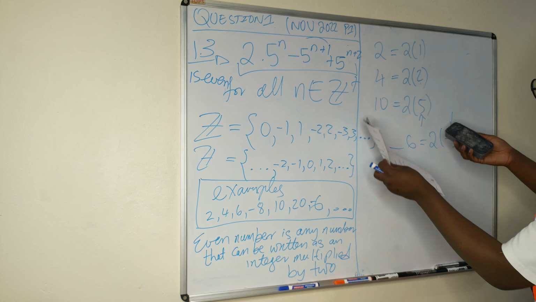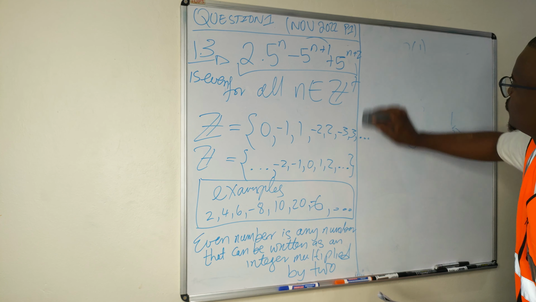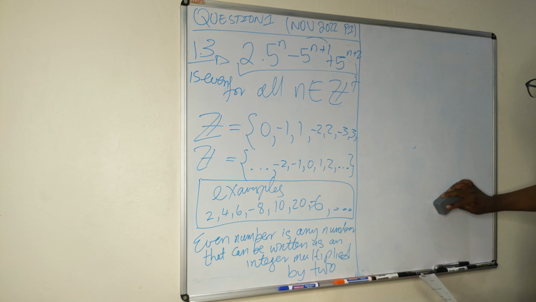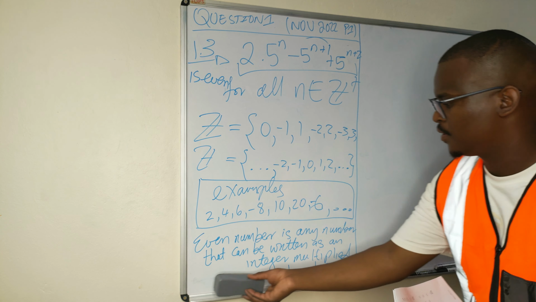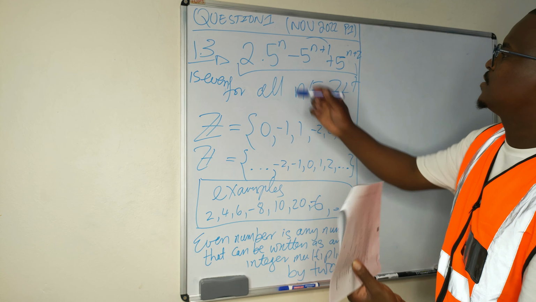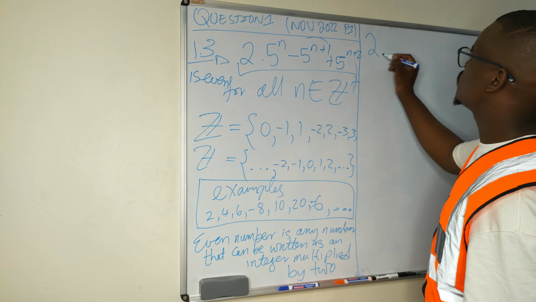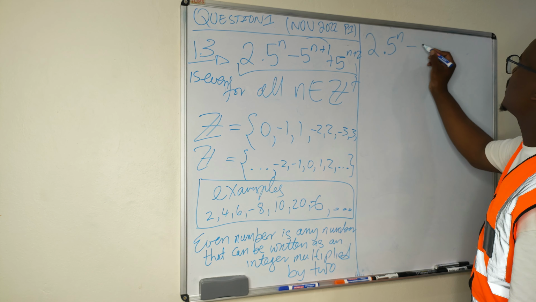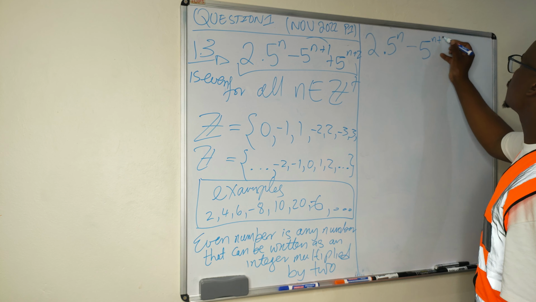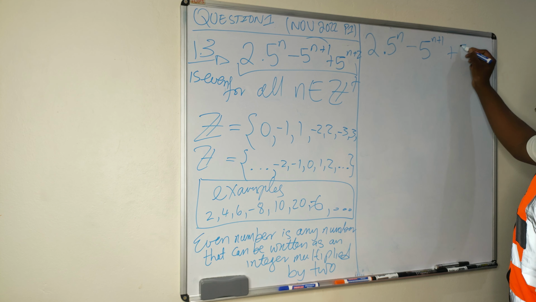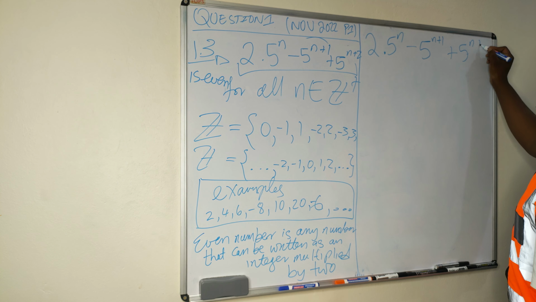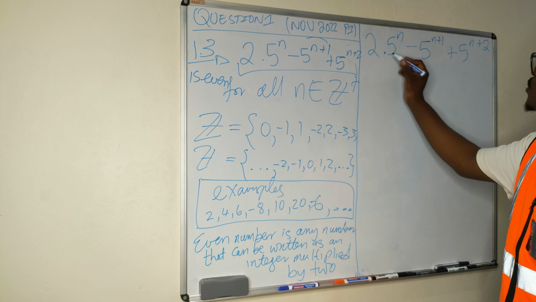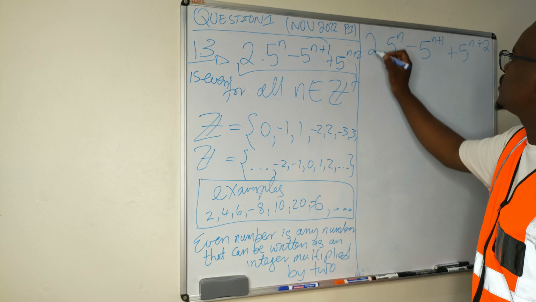So I'm cleaning up these examples of mine. I'm rewriting this: 2 times 5 raised n minus 5 raised n plus 1 plus 5 raised n plus 2, right? There's nothing much you can do here.